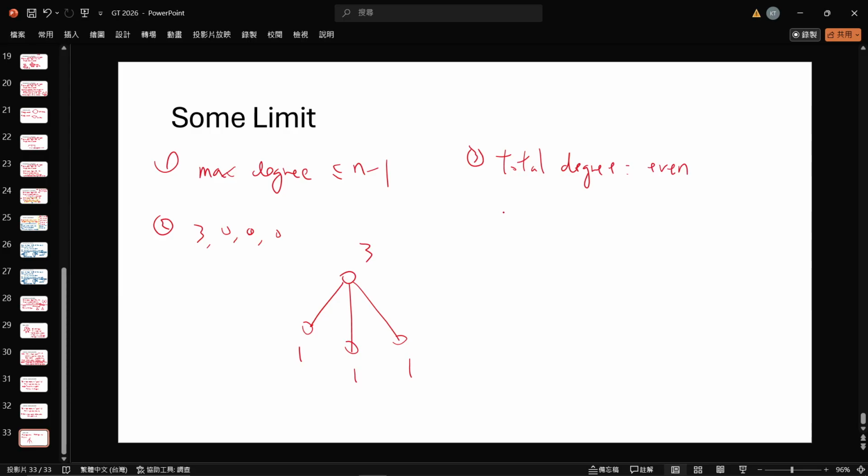Therefore, if the degree sequence is like 3, 3, 3, 3, 3, this is not graphical, because the total degree must be an even number. These are just some simple tests, but not a guarantee. So you cannot just use this check to answer the previous question. This is very important.